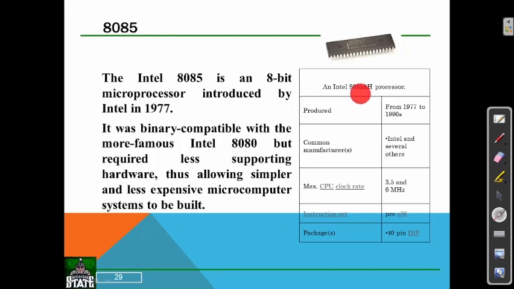The Intel 8085 processor was produced from 1977 to the 1990s, and the common manufacturers are Intel and others. Its CPU clock rate is 3.5 and 6 MHz. The instruction set is pre-8x86 and the package is 40-pin DIP.